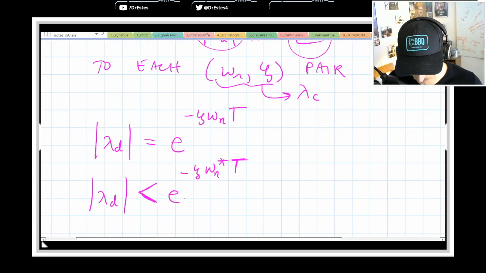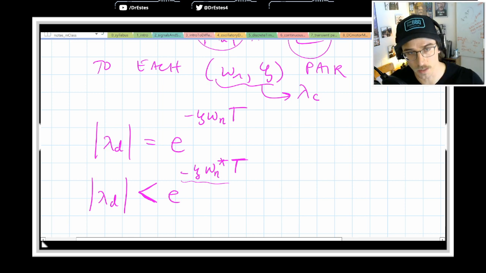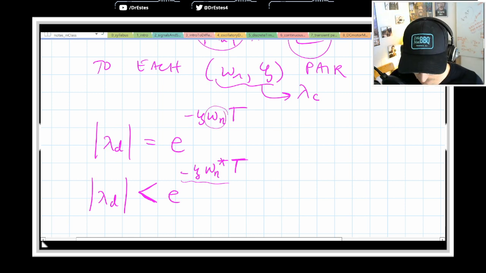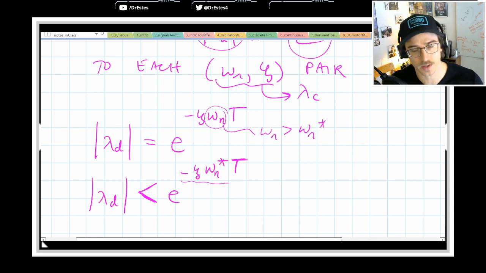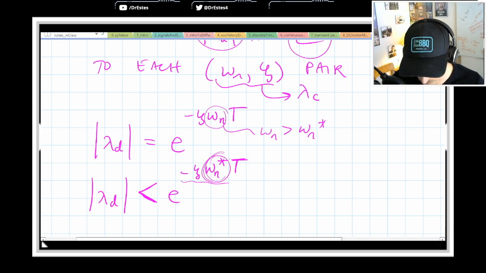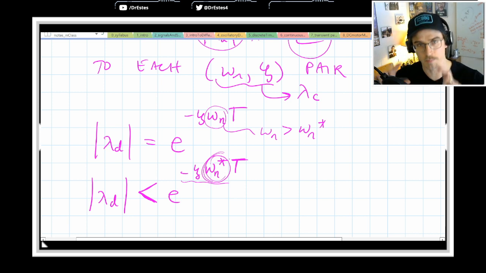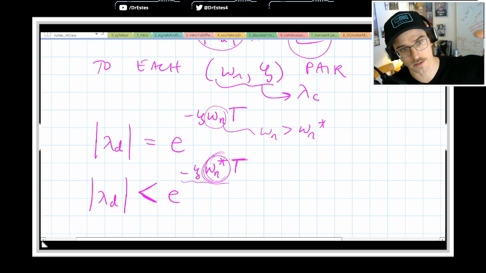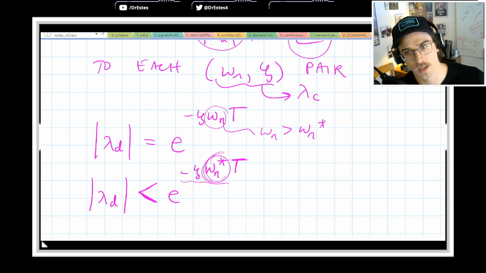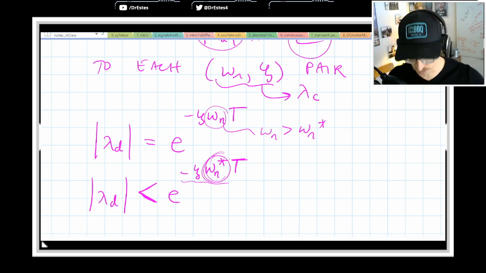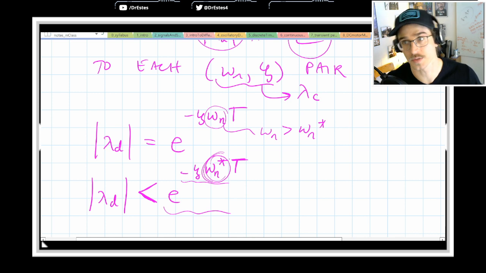We know the magnitude is this exponent to a negative number, and omega n has to be greater than omega n star. So we're going to have potentially numbers that are bigger than this. If you increase the size of this number, you're going to have a bigger number in the negative exponent, and that'll make the resulting magnitude smaller.